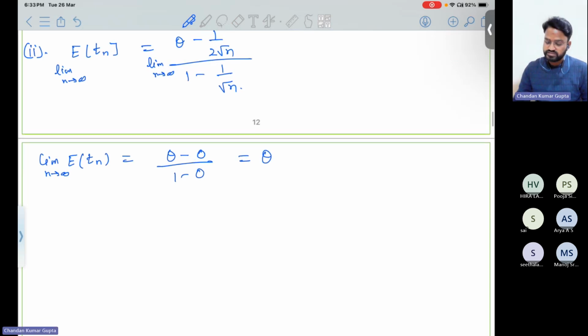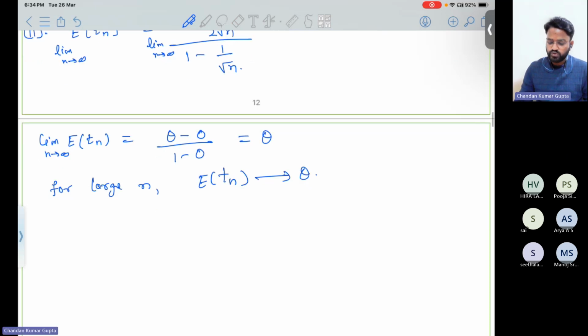Okay, that means for large n, the expectation of Tn converges to the true value. Okay, that means the first condition is satisfied here. Okay, now variance.